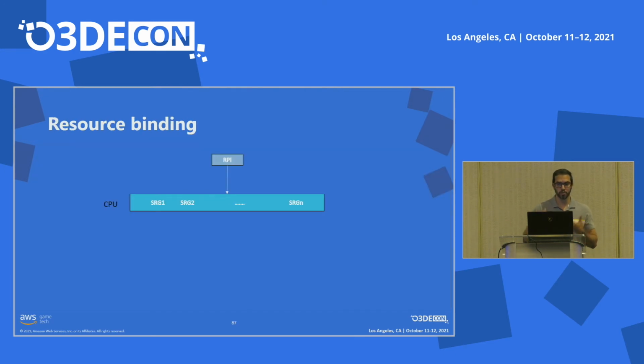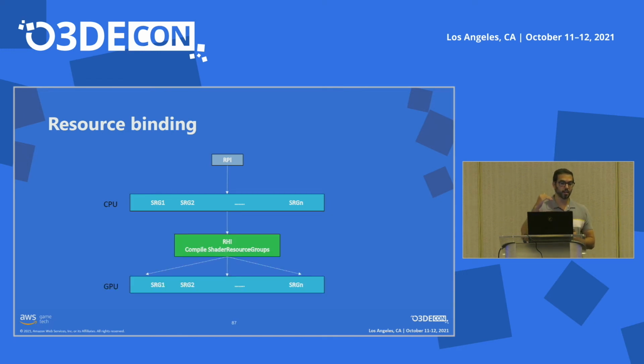So how do we resource bind? Essentially, the RPI creates all the SRGs and updates them. It will say, hey, I need a texture, an albedo texture or material texture, so it will create them. It will update them as needed, including all the SRG constants. And then the RHI, in the compile phase, will take that information and copy it to the GPU memory.